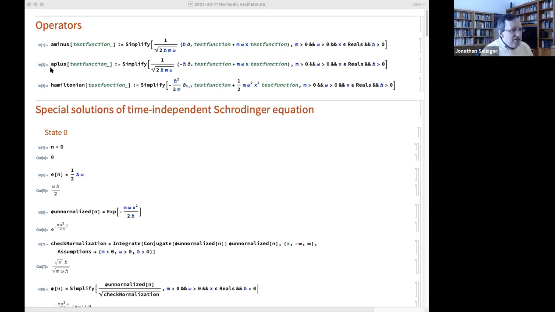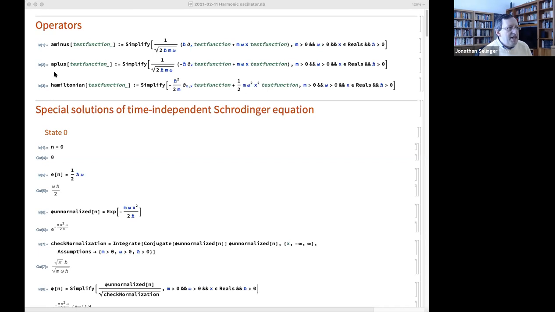A plus does the same thing, except just with a negative sign right here. The Hamiltonian is also an operator, which can act on a test function. And what it produces is minus h bar squared over 2m times the second derivative of the test function plus 1/2 m omega squared times x squared times that test function.